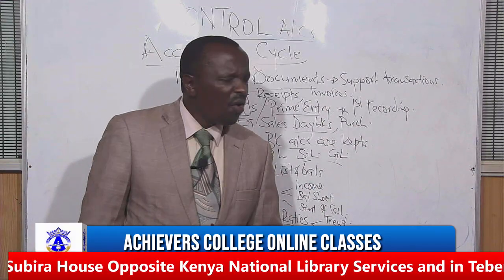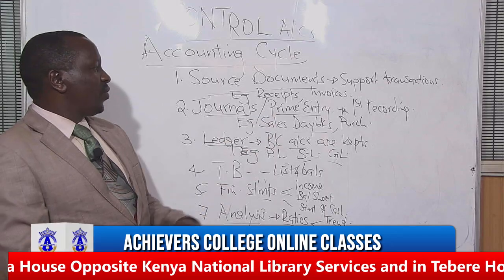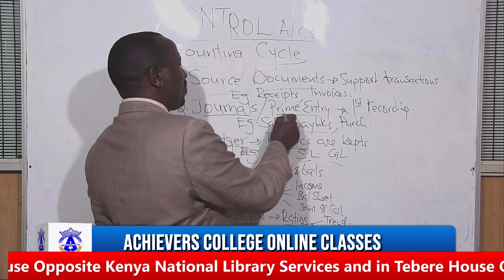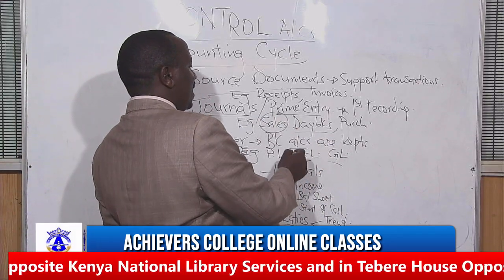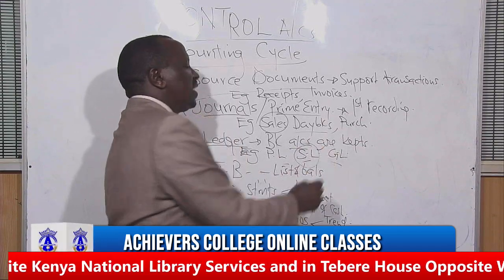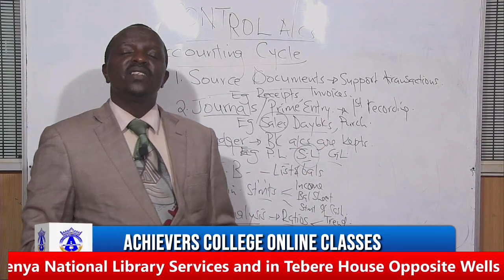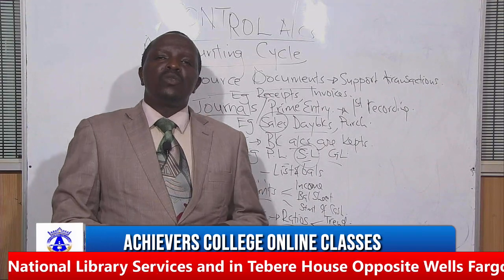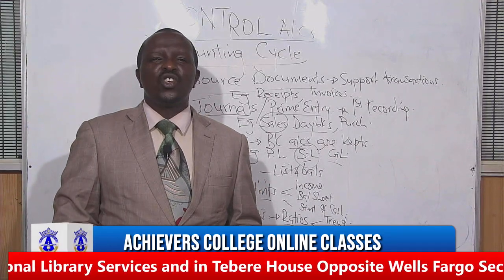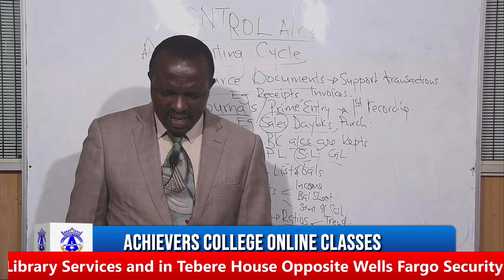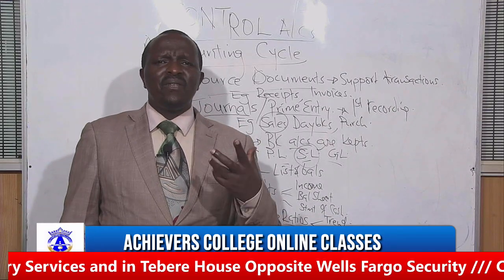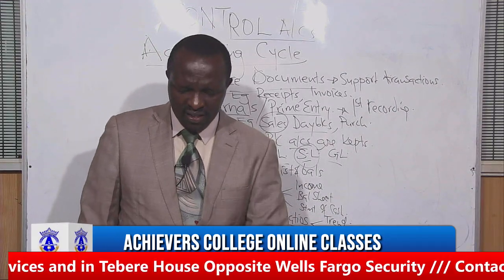Now, in small organizations, when it comes to people like debtors, it is very easy to know them. But when we talk about a big organization that has so many clients, the volume of financial transactions is very huge.